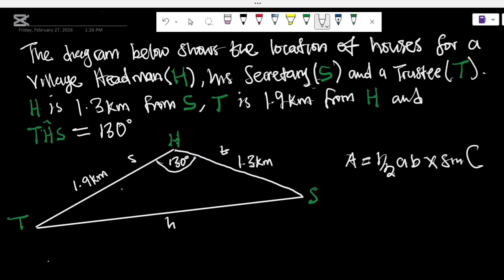In this case, A and B here correspond with the two sides that are making up this angle represented by C. So we can go and replace.